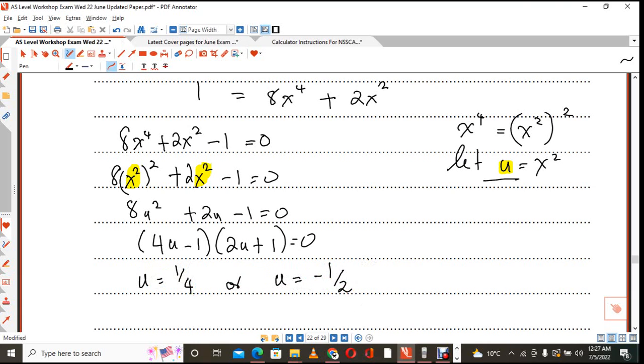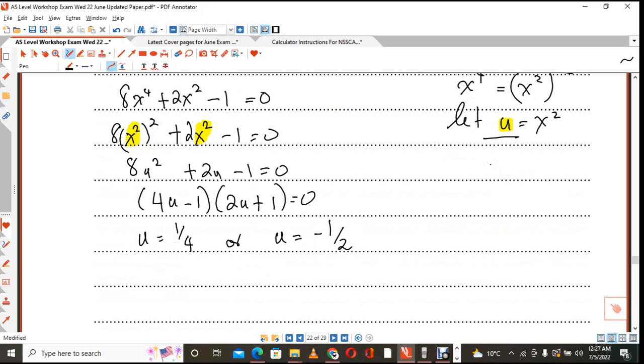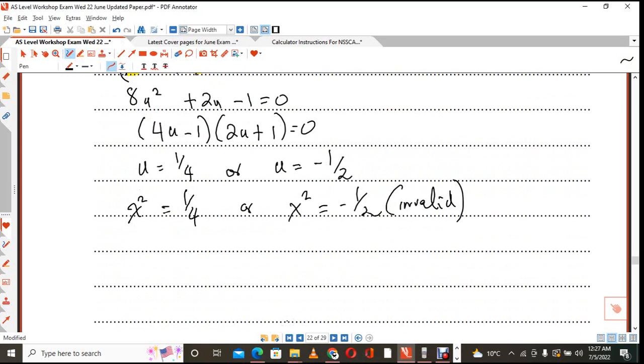I hope by now you are fine. So I'm going to replace my u with x squared. But this one, u equals negative 1/2, won't work because you have to get rid of that square by taking the square root. So this one is not valid, not applicable. We are only going to work with x as the positive or negative square root of 1/4, which is the same as the positive or negative square root of 1 over the square root of 4.